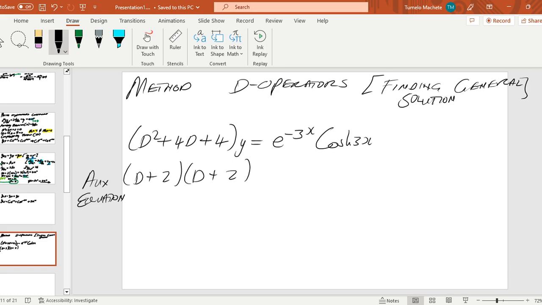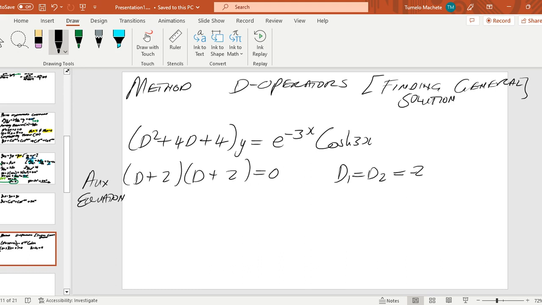So 2 times 2, you're going to get a 4, and when you add them, you're going to get the 4D. So remember, when you find the auxiliary equation, you just put it to 0 because you want the factors. So D1 will be equal to D2, which is equal to minus 2.